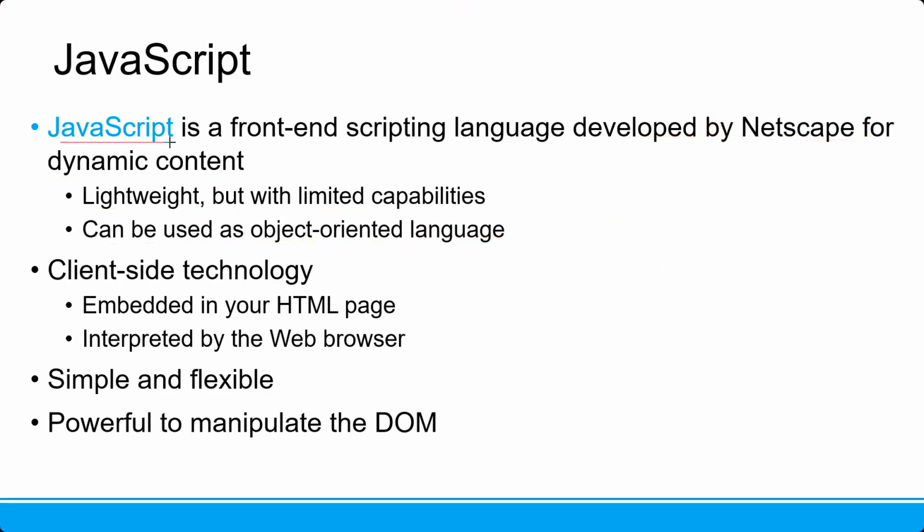And JavaScript, usually we call it a client-side technology. Client-side technology is embedded in your HTML page, and it will be interpreted by the web browser. Many people say that JavaScript is simple and flexible, and it is powerful for manipulating the Document Object Model.